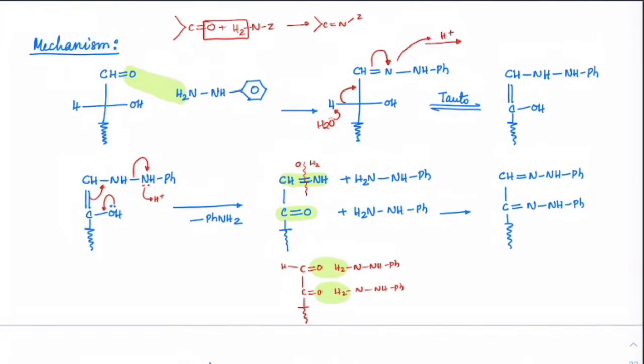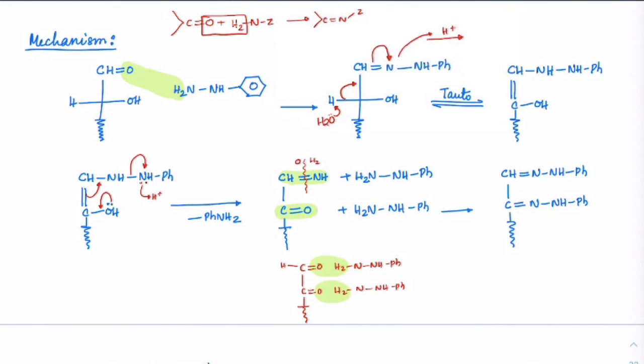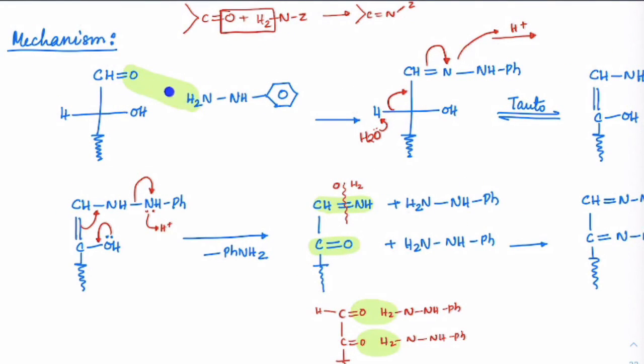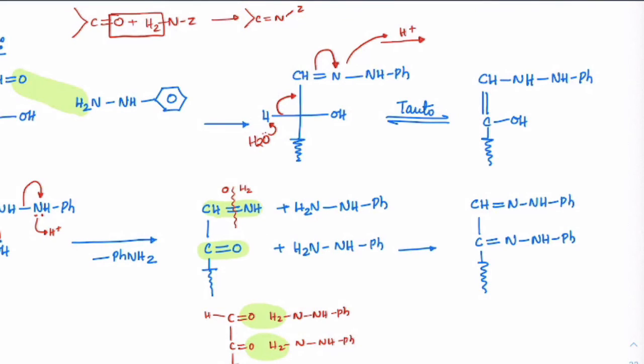Okay, let me repeat once again. This is the first mole. The first mole reacts with the aldehyde C double bond O here. First we will get C double bond N here, and then it will slowly shift into the double bond formation here. Once you get this, the lone pair from nitrogen will extract this proton and it will become an N-amine here, like an amine group.